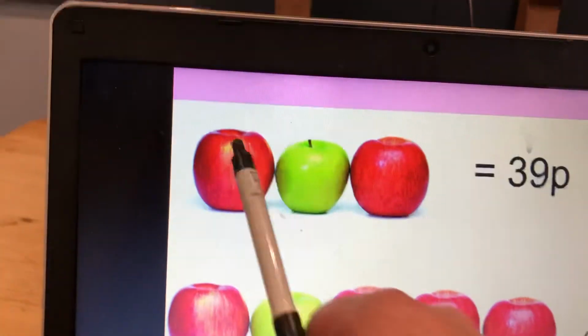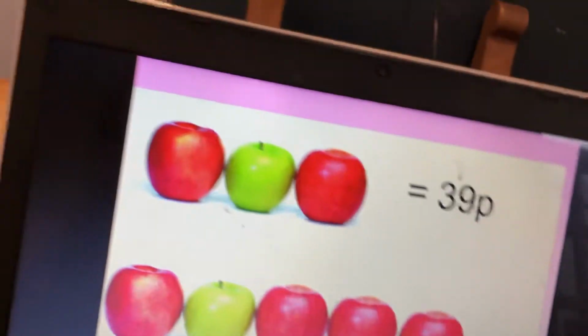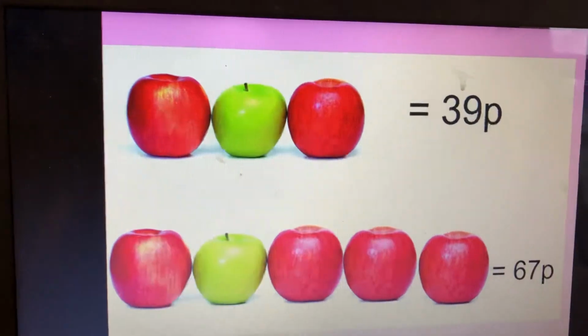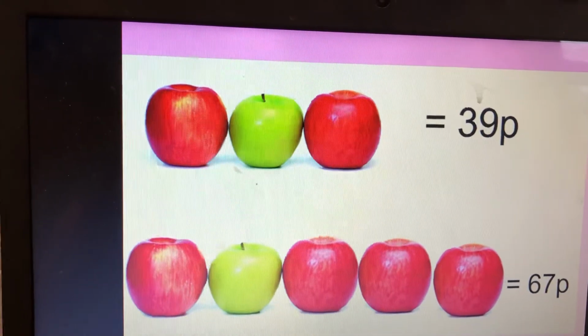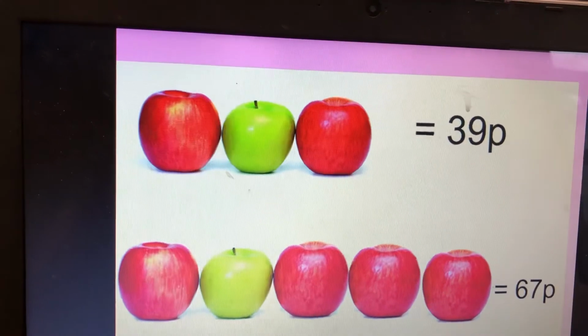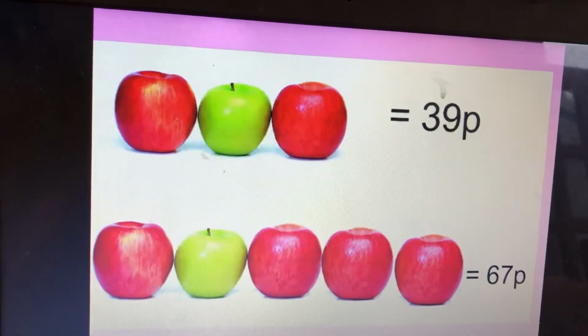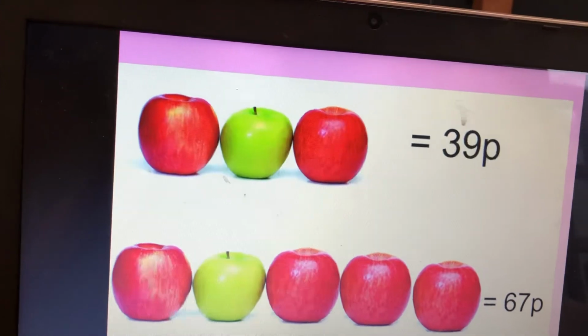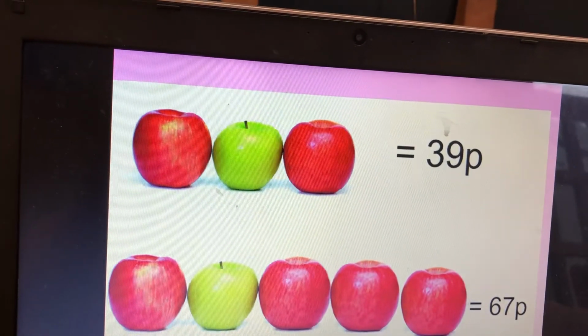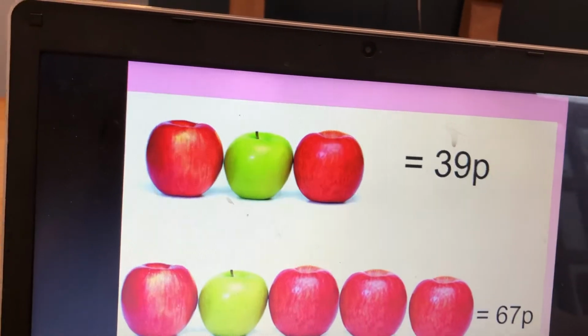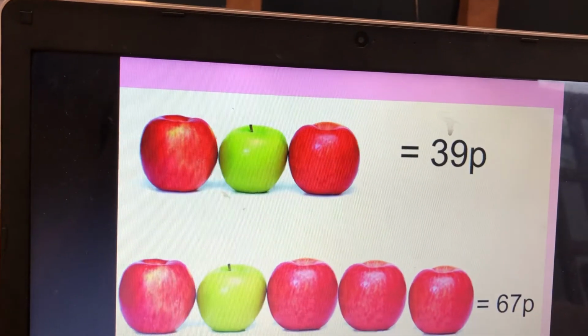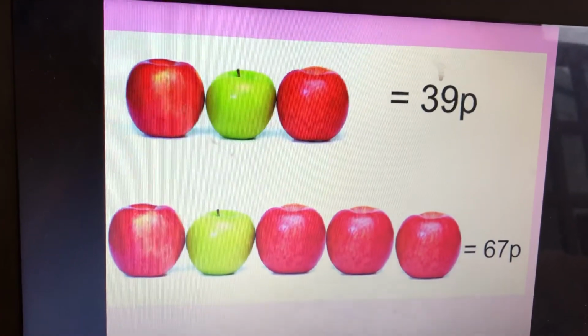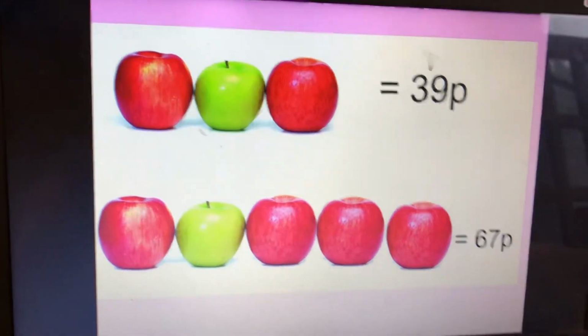So if that's 14p and that's 14p, that's 28. And then I think the green must be the difference, must be 11p. I did that in my head, because 11 and 14 gives me 38, and then do that all important check with my next one.